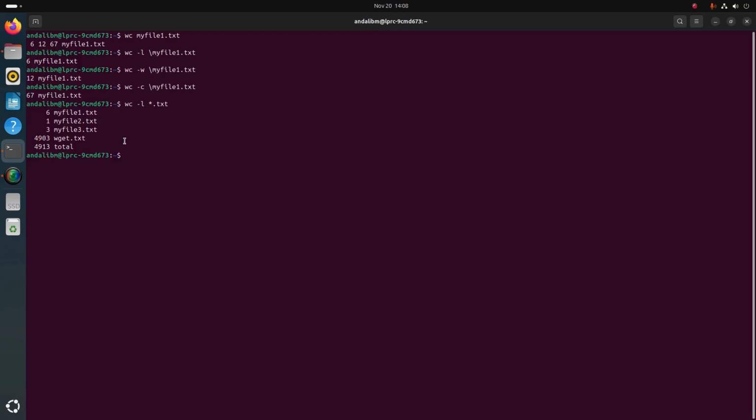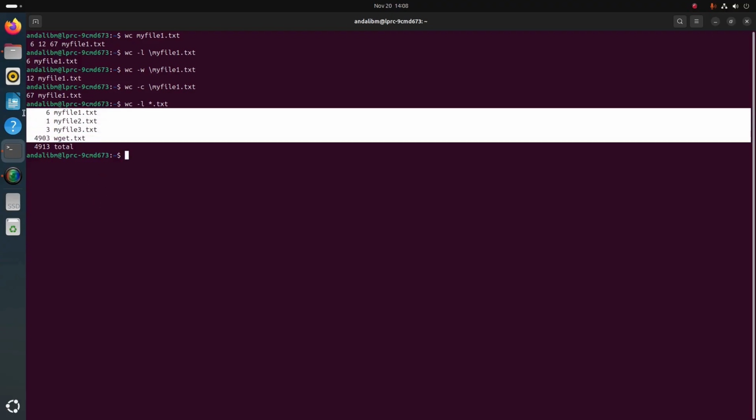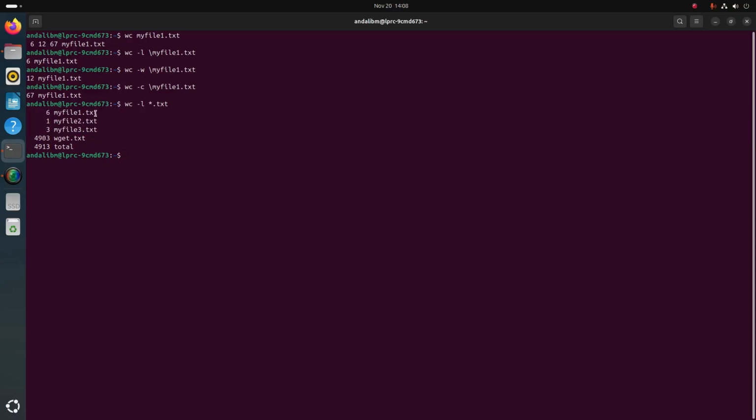And now you see that I have a lot of that, and these are only the ones in the current directory, of course. So the first one has 6 in it, the second one has 1, my file 3 has 3, and that wget file that I got from the internet has 4,900 lines of text in the file.